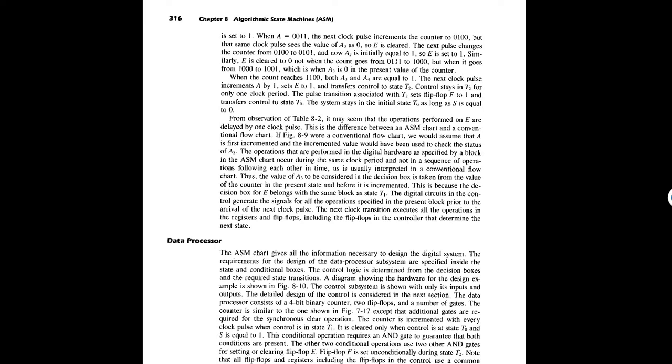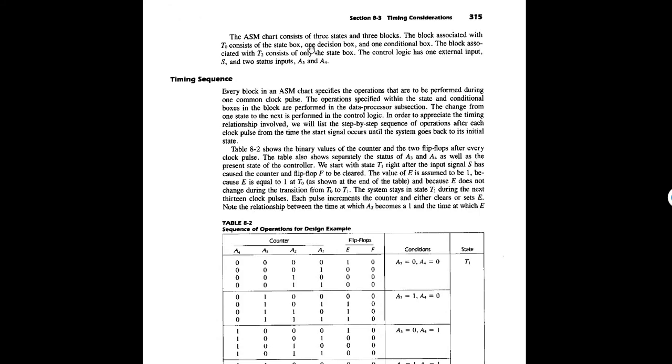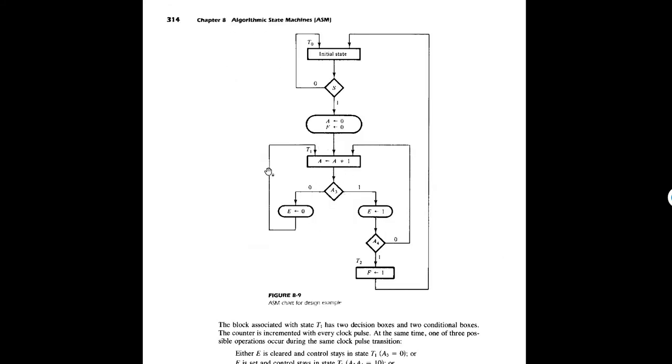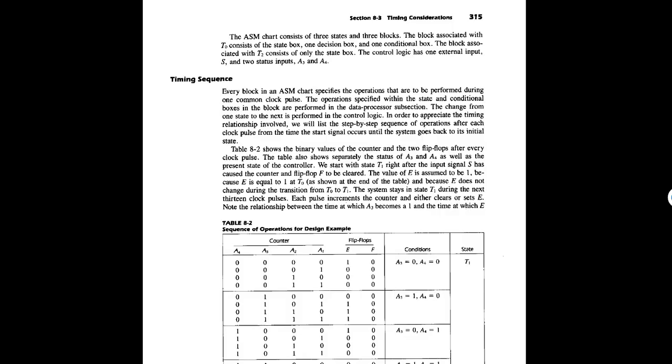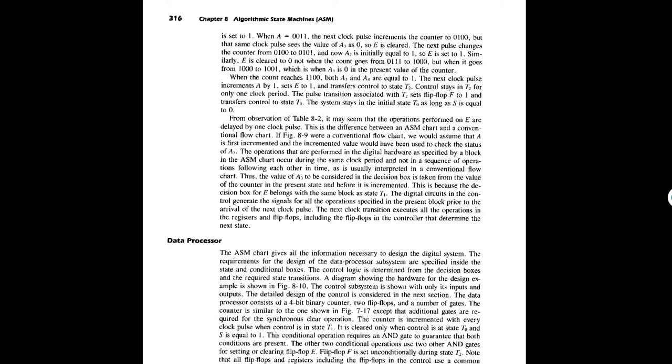But right now in that block, A has not actually changed. It will increment after this whole process is done, then it will come back and increment. At this particular time, you have A3 equal to 0. So at this particular clock pulse, as A3 is equal to 0, E is going to be cleared. E is equal to 0. It is not going to be set.